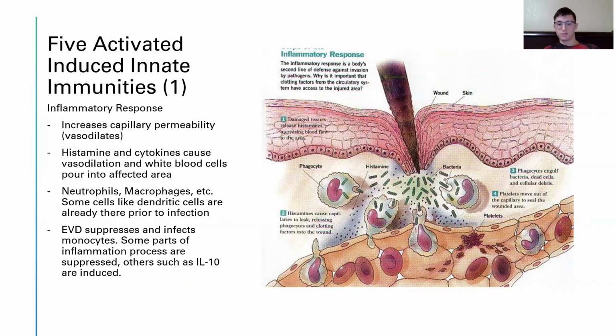Phages are going to start surrounding the area and secrete cytokines, and it's all going to cause vasodilation, and white blood cells are going to start coming in. It's this flood of white blood cells and macrophages, and maybe there are dendritic cells there. They may be already there, but what really happens is it leads to the excretion and dissemination of white blood cells to that particular tissue that is damaged.